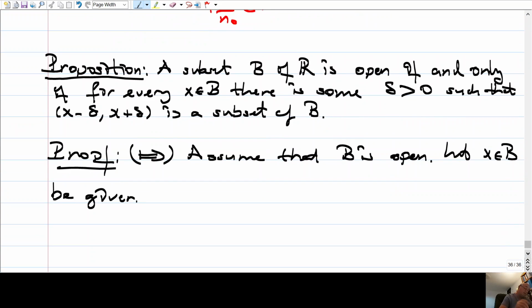Then we know what? Well, then of course x is not in R minus B, since x is in B, where R minus B is closed, right?